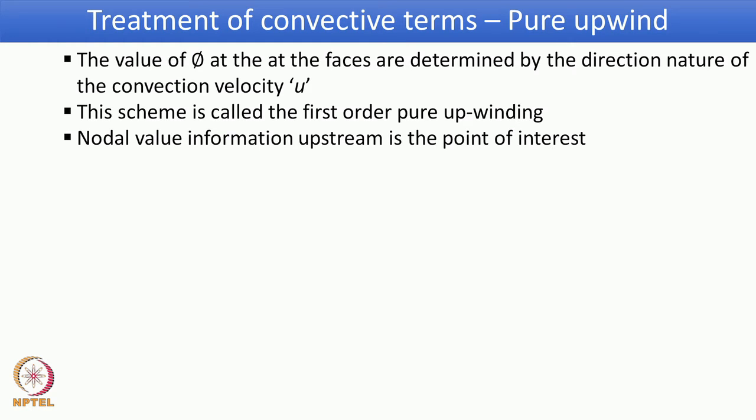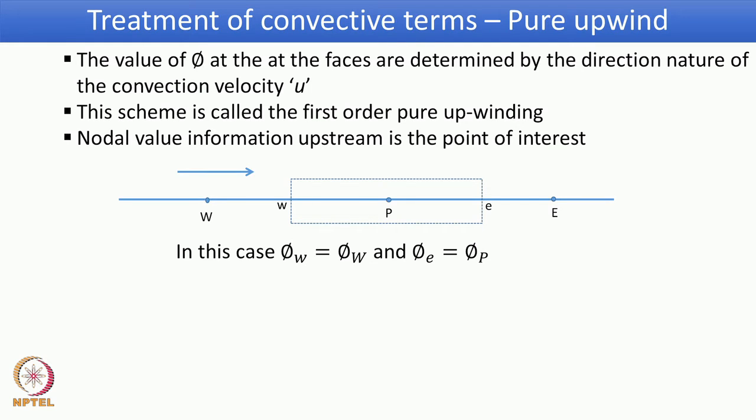Here the nodal value information upstream of the node of interest is considered to define value at the phase. For example, we will take the same illustration that we had just now shown for central differential scheme. The flow is from left to right, and to evaluate variable at this phase W, it is given same value as variable at the upstream of the phase.